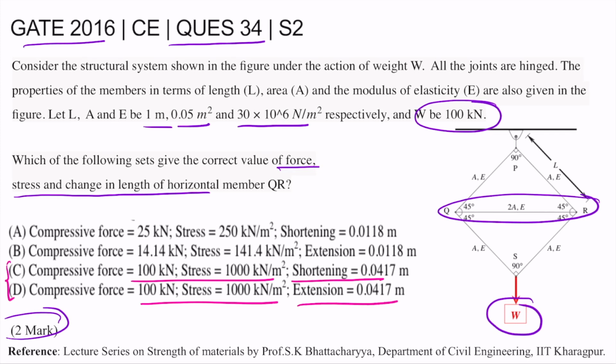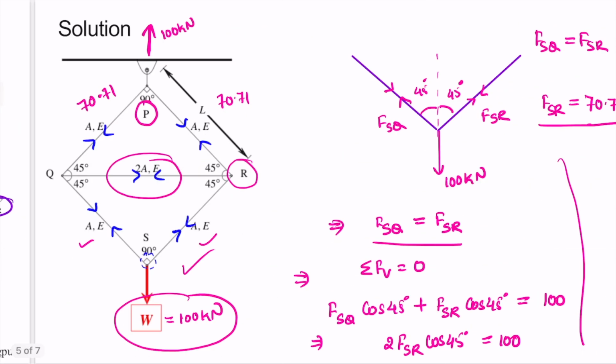So we can get our answer here only. How? Since it is a compressive force acting in QR, the length must get shortened, not extended. So here only we can get our answer. That answer is option number C. But still let's find out the value of stress and this shortening also.